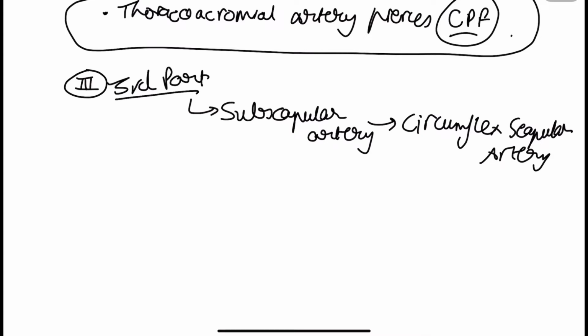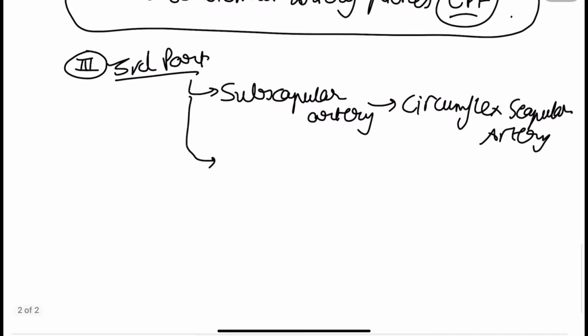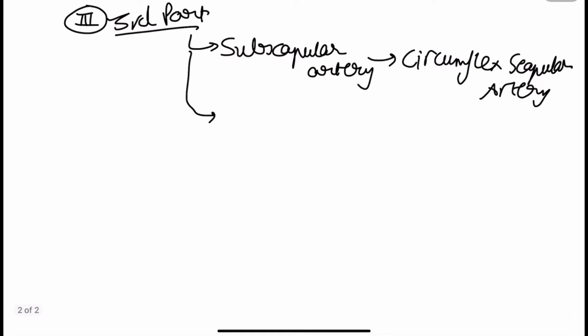See, at your level, even remembering the names is enough. You don't really need to remember the course of the branches. You just need to remember the course and relations of the axillary artery, which I will discuss in the next video. So it also gives origin to the anterior circumflex humeral artery.